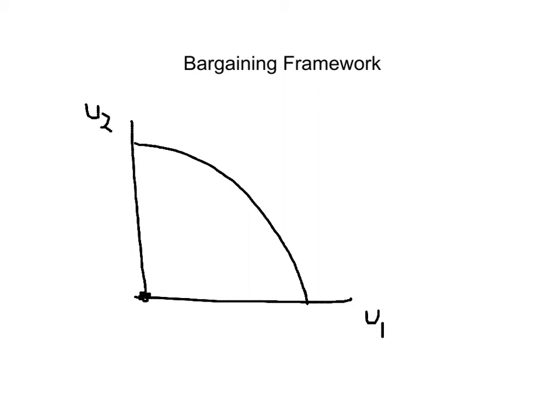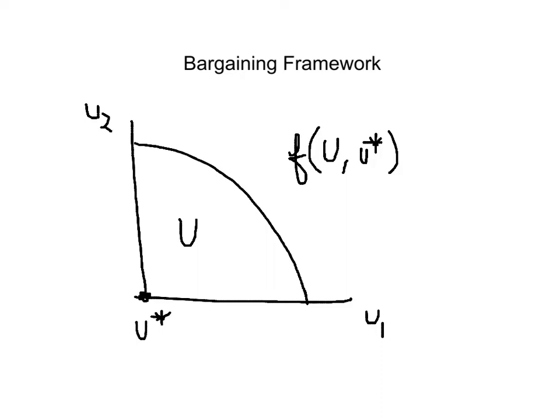Here is the fallback position, U star, which is the outcome that you end up with without cooperation. The utility possibility set here is U, capital U. Now, what we're looking for here is the solution to the bargaining problem, which is a particular point inside U. So we refer to F of the utility possibility set and the fallback position U star.